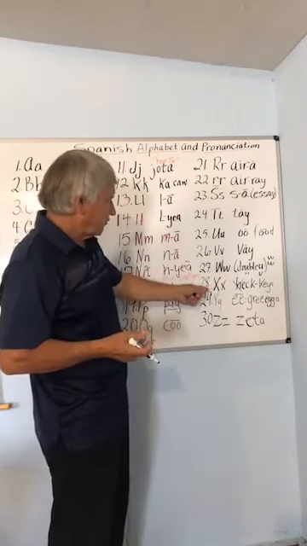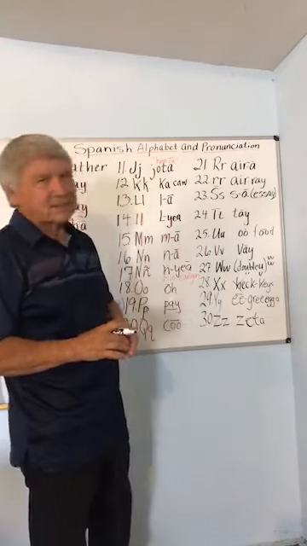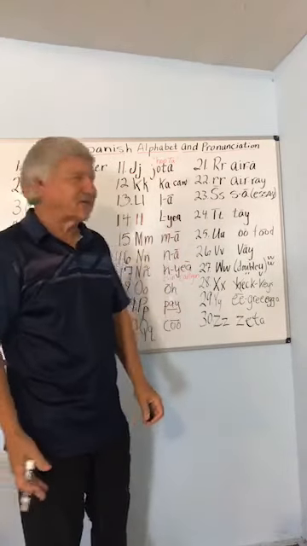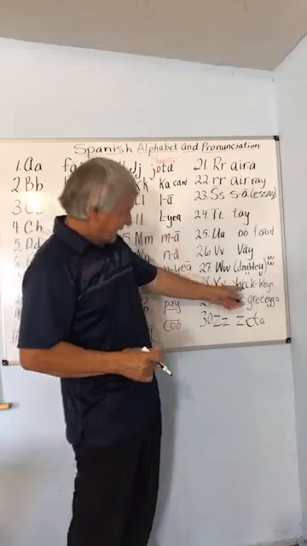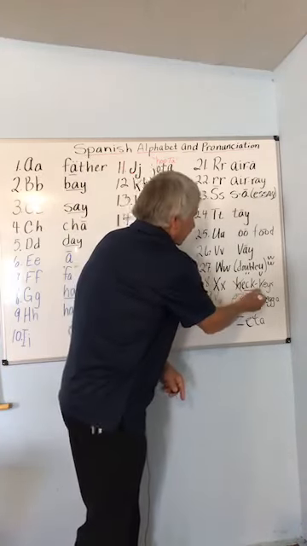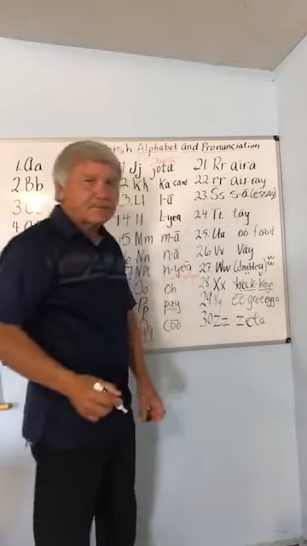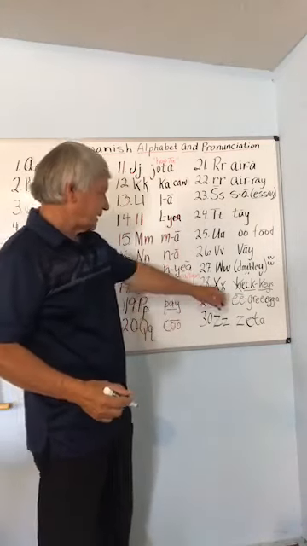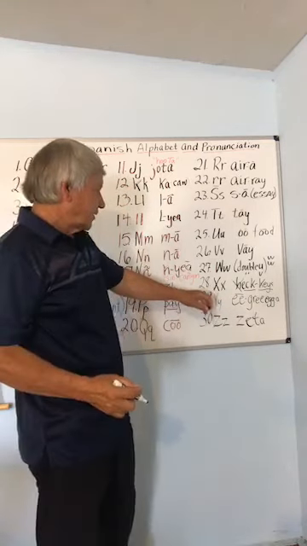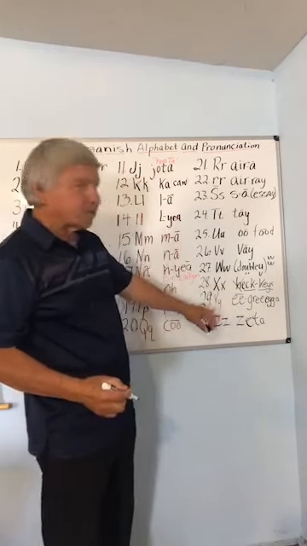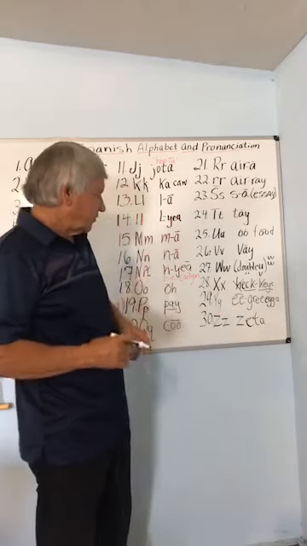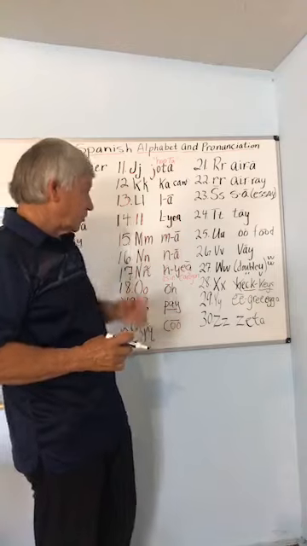Then you have 28, X. Heck, where are my keys? Sorry, but that's X. Keep off the H, I guess. X. This part right here. That's how it sounds. Now, these are not necessarily the sound that they make, and we'll talk about that later in another lesson.